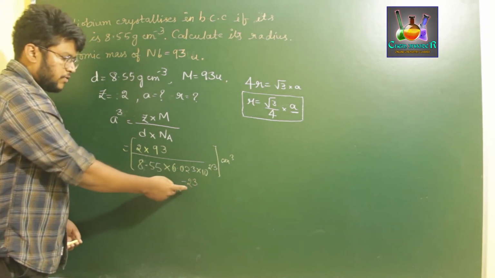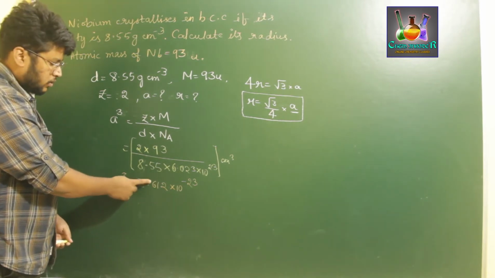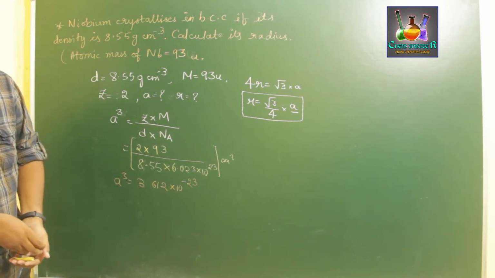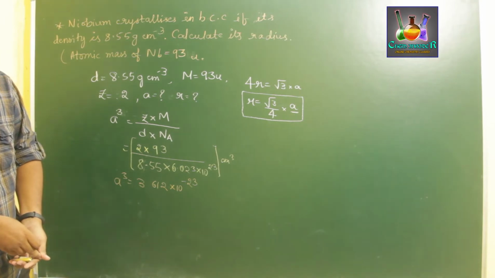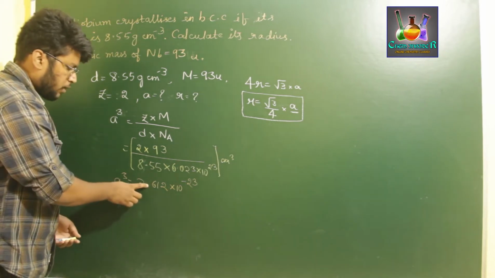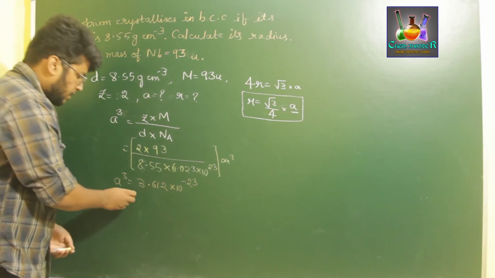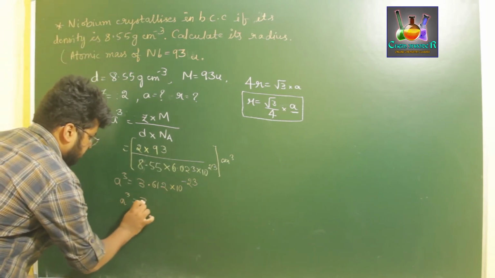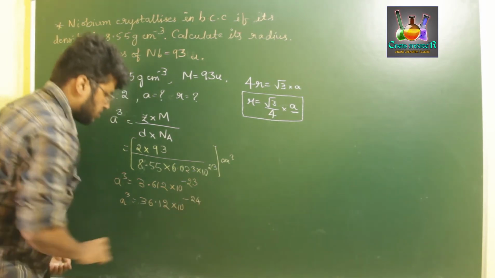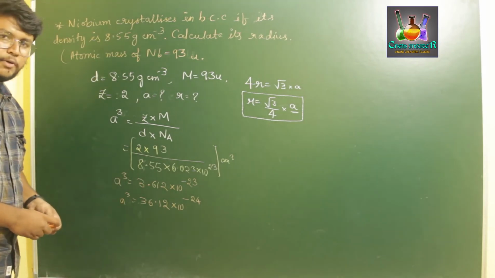That is, we can convert 23 into 24, by shifting the decimal point. If you shift 1 point on the right-hand side, a cube will be equal to 36.12 into 10 to the power minus 24. So this is the value which we get: a cube is equal to 36.12 into 10 to the power minus 24.